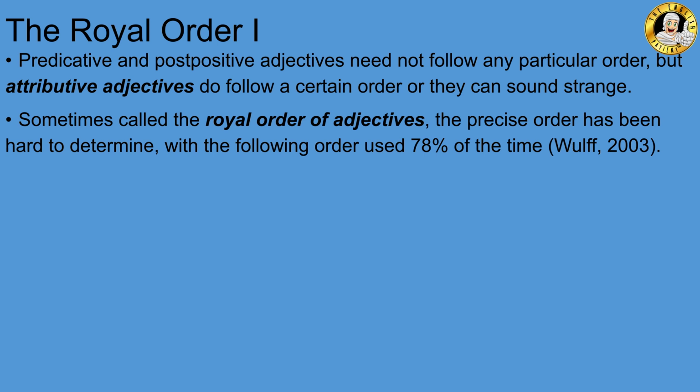And many linguists have tried to actually make some kind of rule for it, but there is no rule because once again, many writers and speakers will find that they want to put their own style or their own emphasis on the way that they are ordering these adjectives.